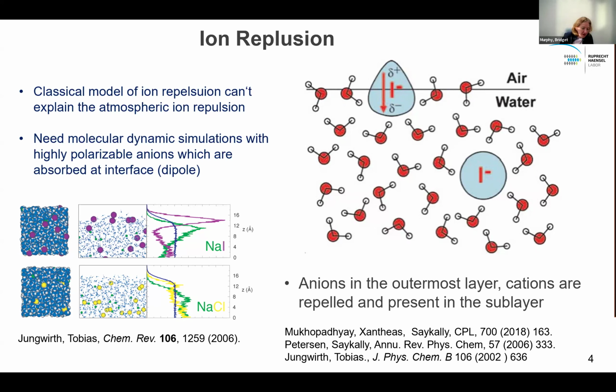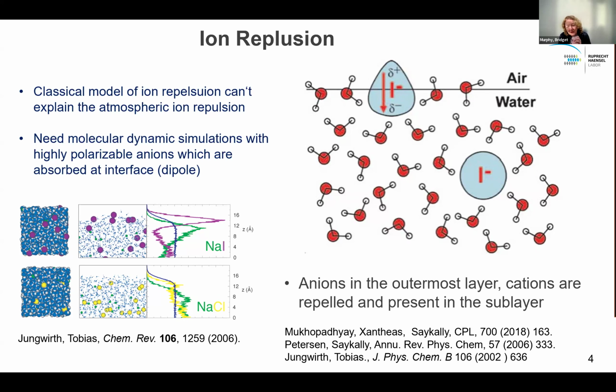So we at Jungwirth and Tobias, you can imagine, or you would expect that instead of the classical theory of depletion, there could be enrichment at the interfaces. And two of the classic examples here are sodium iodide and sodium chloride.